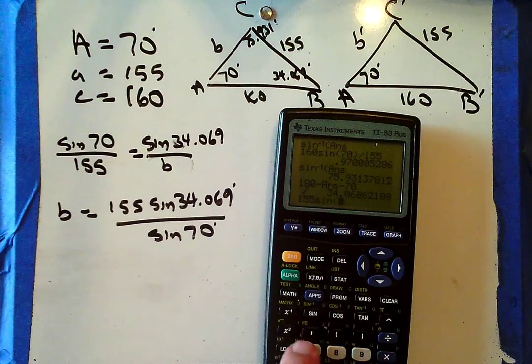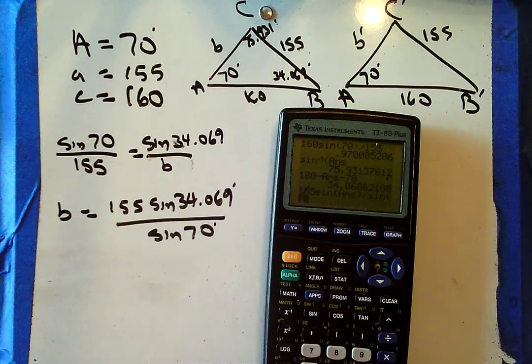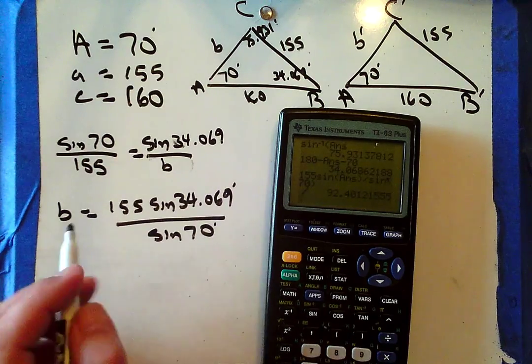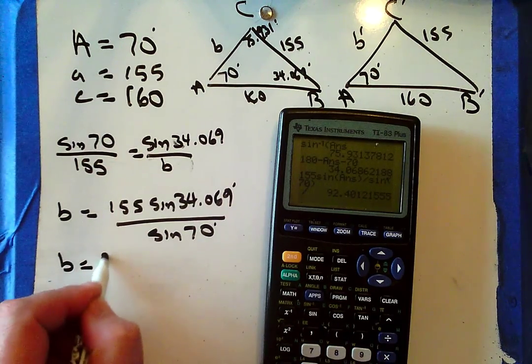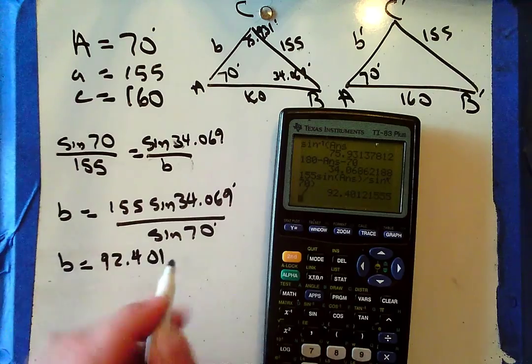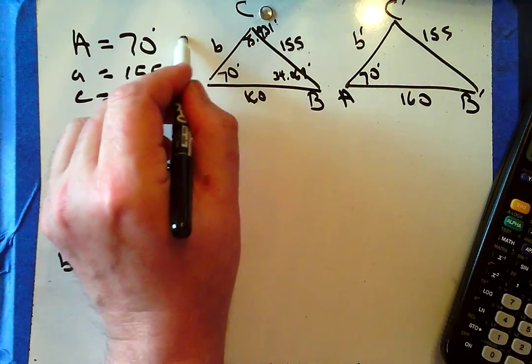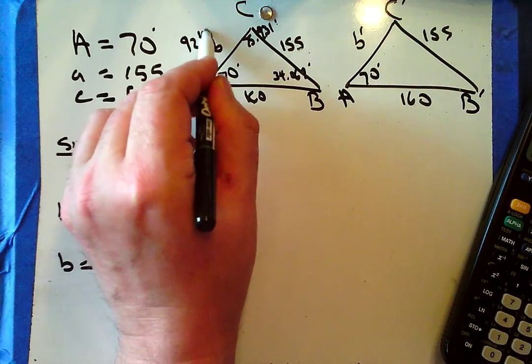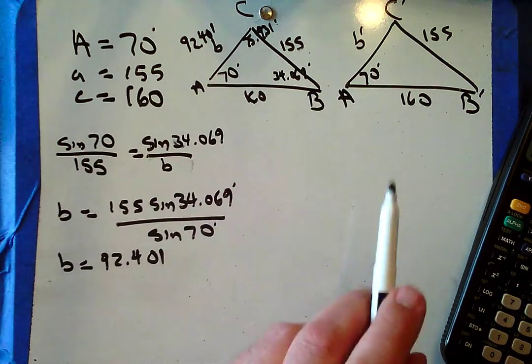Sine of that angle, close parentheses, divided by the sine of 70, and I end up with little b is 92.401. Okay, so there's our one solution.